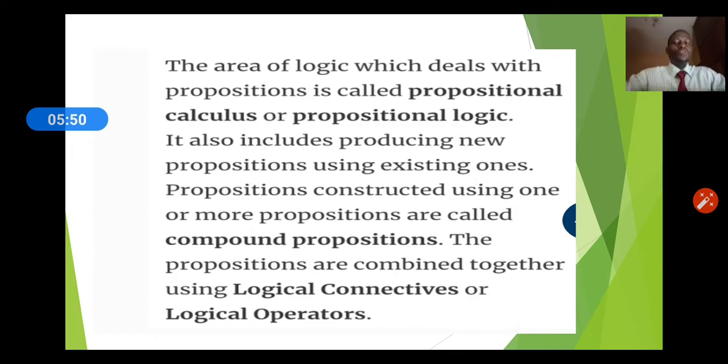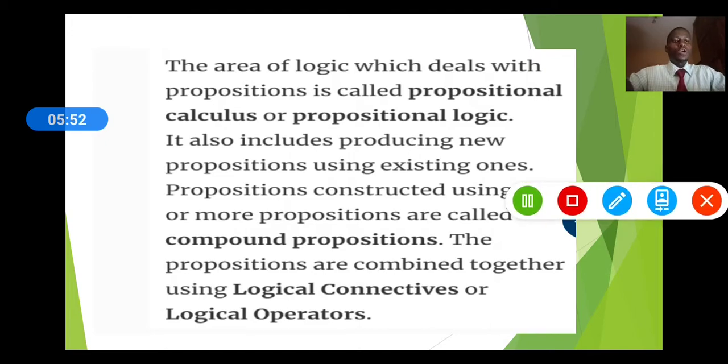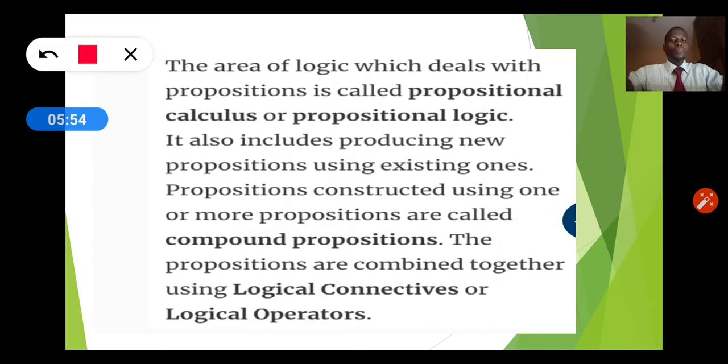Now, before we say compound, we need what we call logical operators or logical connectives. The connectives or the logical operators are the symbols that we make use of to form compound propositions. Just like in English, we have what we call a compound sentence.